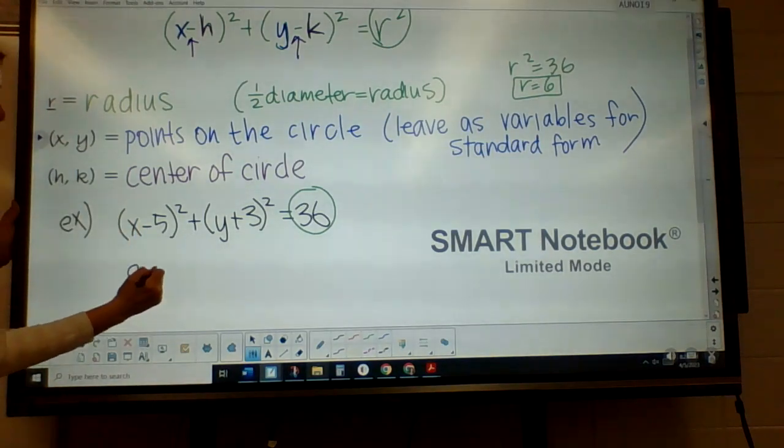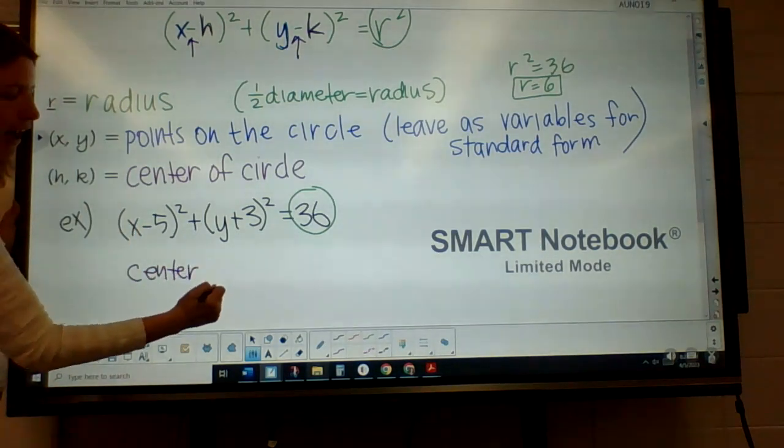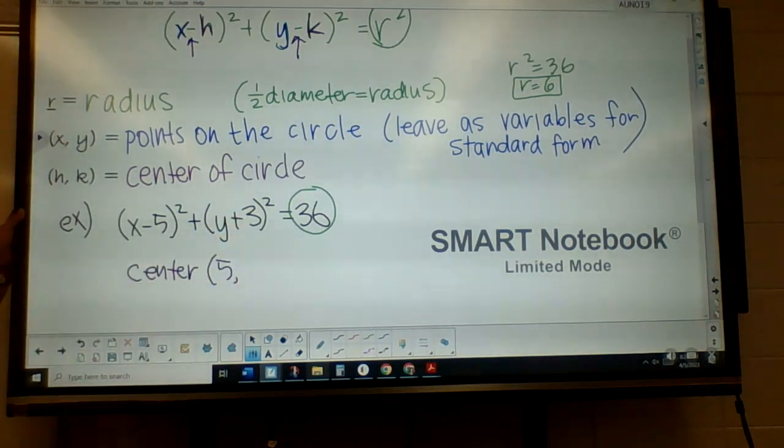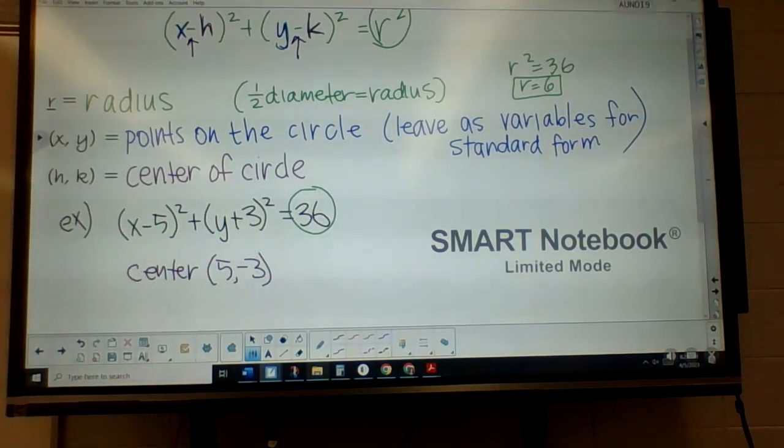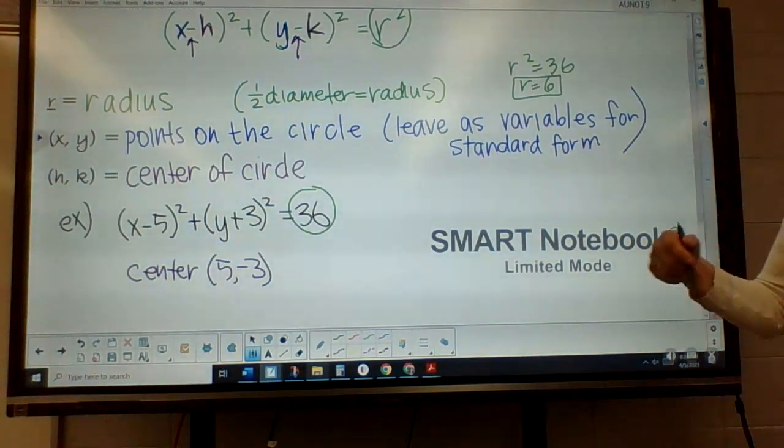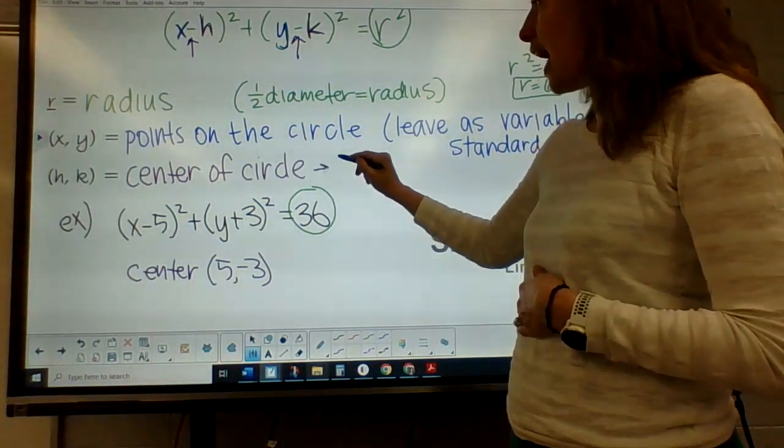So our center is actually going to be 5, comma, and this one is going to be -3 instead. It's always going to be the opposite, so that's a little bit confusing. I appreciate Luca giving a college try there, since that's a really easy place to get mixed up. So it looks like the opposite sign.